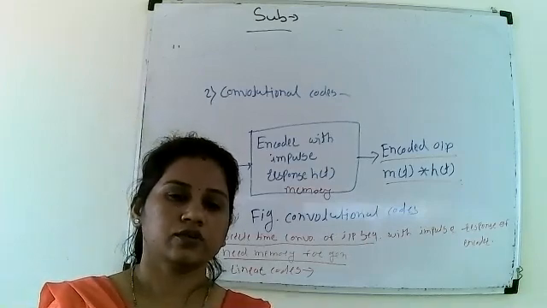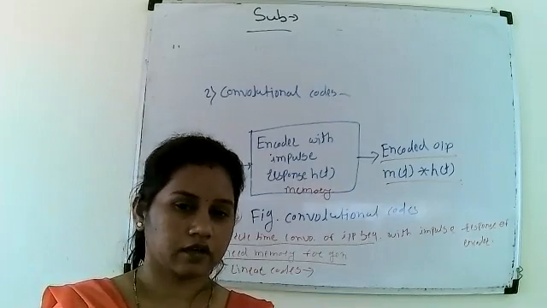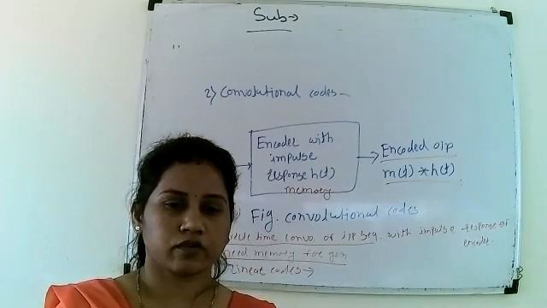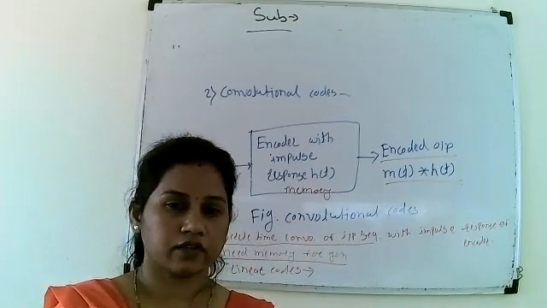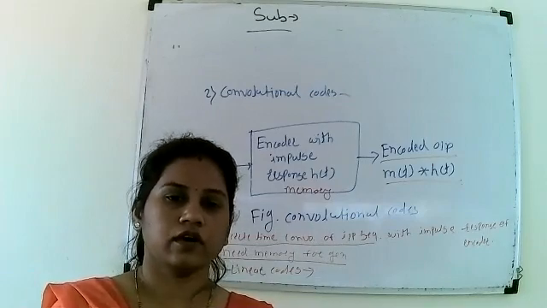After that, we have seen the two types in the classification of error correcting techniques on the basis of functioning: the first type, block code, and the second type, convolutional code.